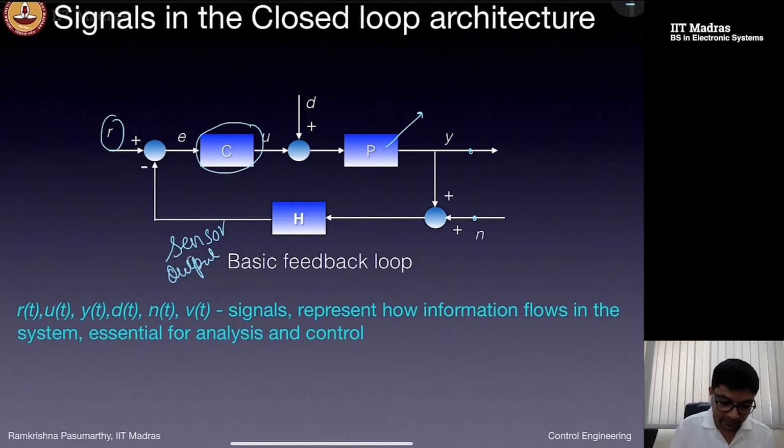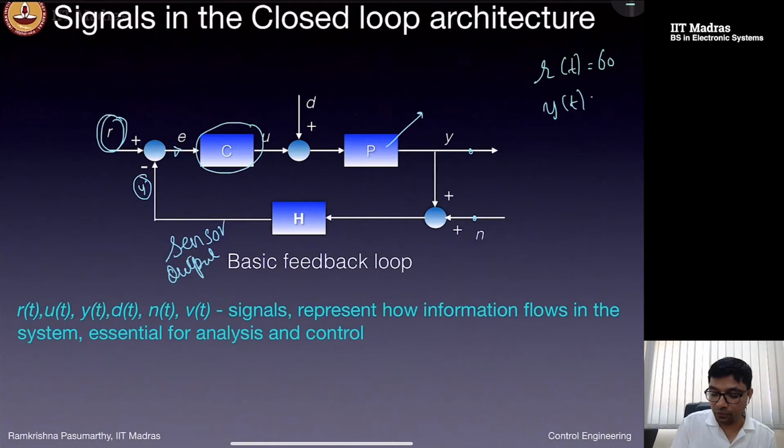Now there's a reference which will be compared with the output y, or maybe y prime, which is a little noisy, and we see if there is an error. Error in the sense that if my reference is say 60 kilometers per hour, and output is say 40, then my error, R minus Y, is 20. There will be some error, right?